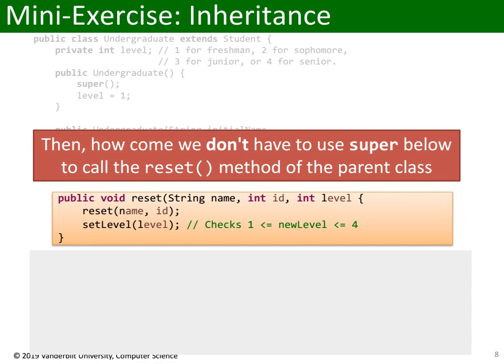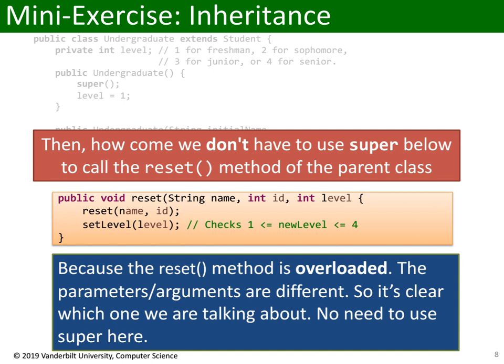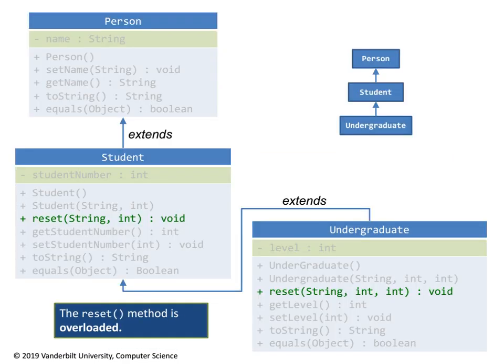So by using the right number of parameters of the right type, Java knows, hey, you want to call the super reset, the reset method that you inherited from the super class, the parent class. So the example here is that we have overloaded the reset method.